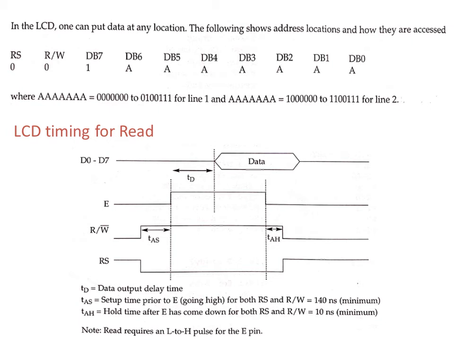So this is the representation here, and DB7 should be 1 always.